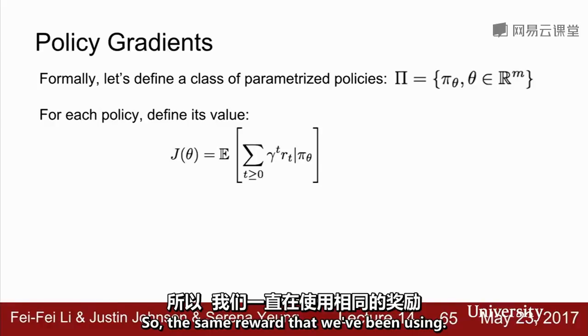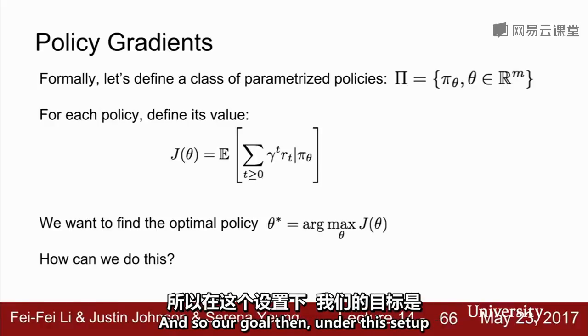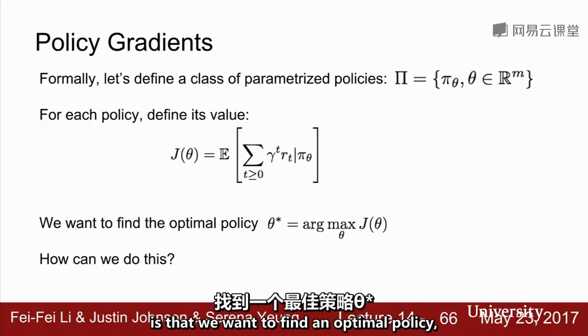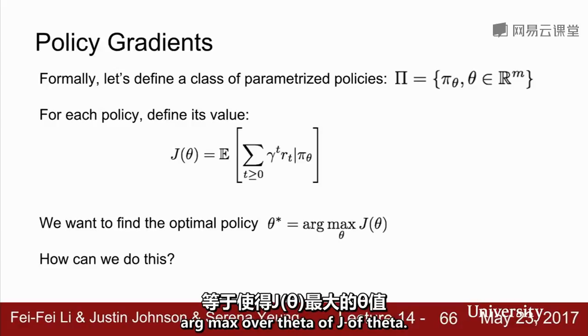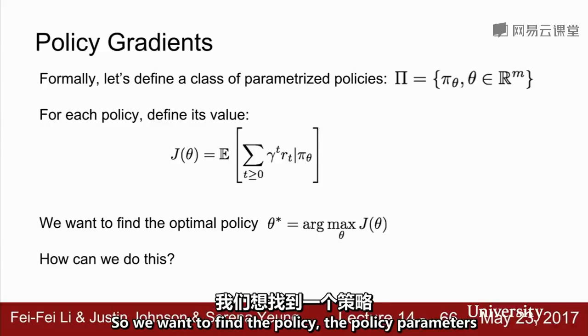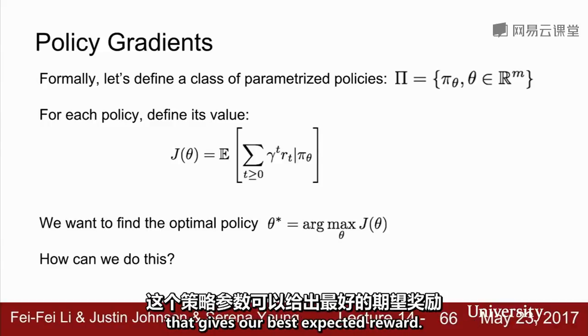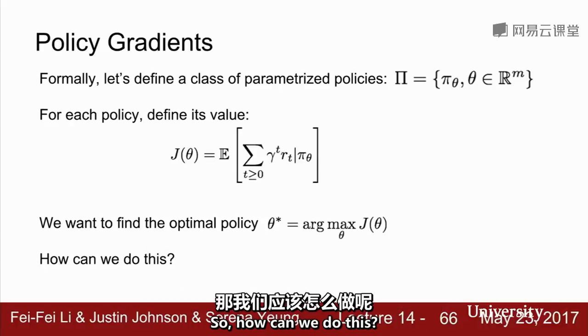So the same reward that we've been using. And so our goal then, under this setup, is that we want to find an optimal policy, theta star, which is the maximum, right, argmax over theta of J of theta. So we want to find the policy parameters that give our best expected reward. So how can we do this? Any ideas?